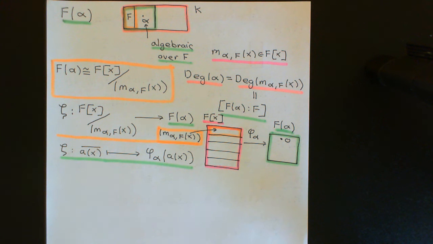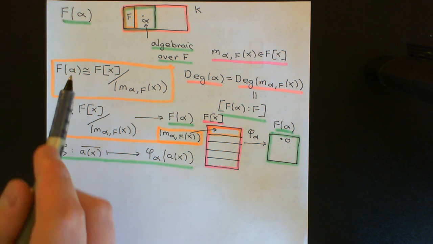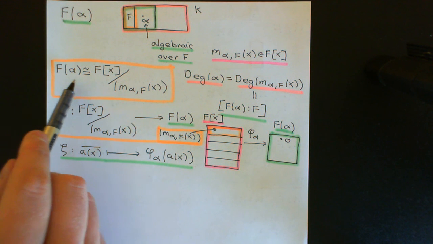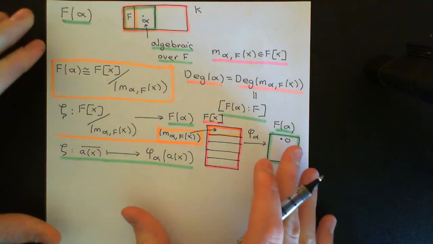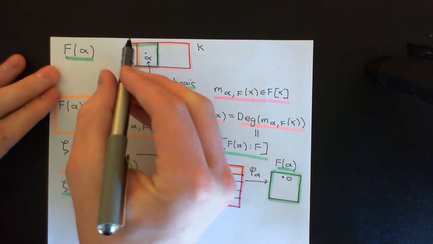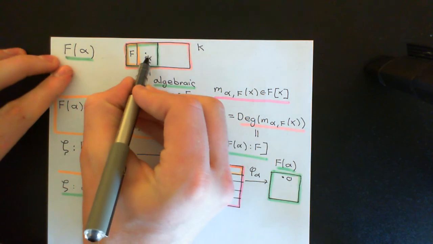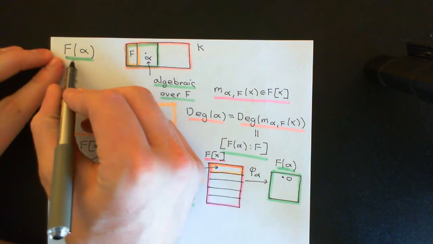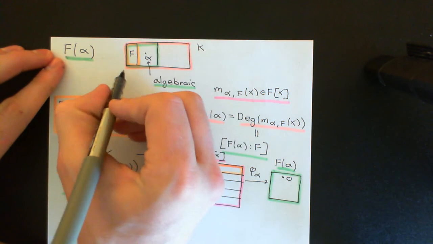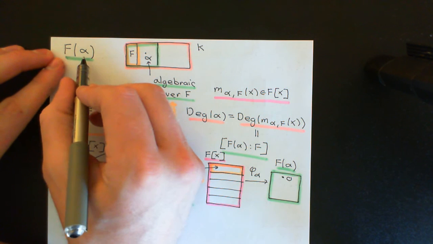Okay, right, and so the intuition then behind this, what does this really mean? Well, it allows you to understand completely how to build this field generated by alpha over F. So going back to our original problem, you've got the field capital F, you've got the element alpha here, okay, and you want to generate the smallest subfield of the larger field capital K, which contains F and alpha.